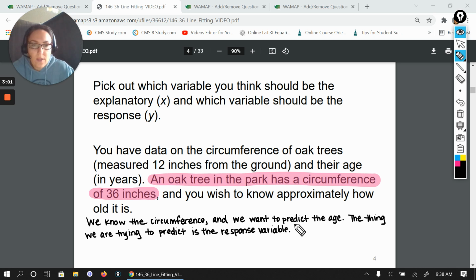So the circumference is the explanatory and the age is the response.